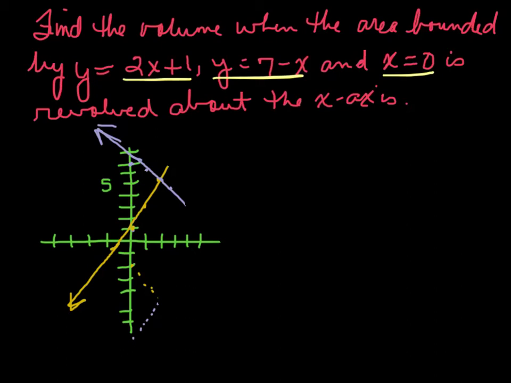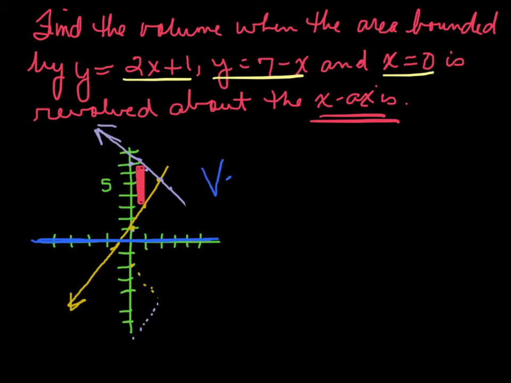When I draw in my rectangles, I'm going to draw them this way as dx problems. And notice that there is a gap between my rectangle and my axis of revolution, because we're revolving around the x-axis. So that tells me that this is a washer problem.